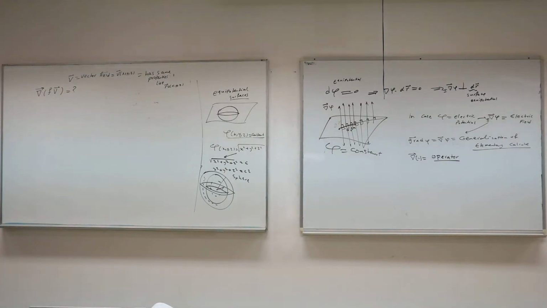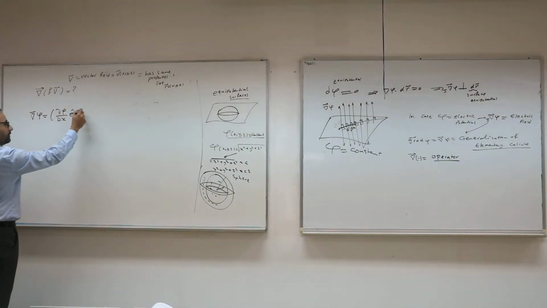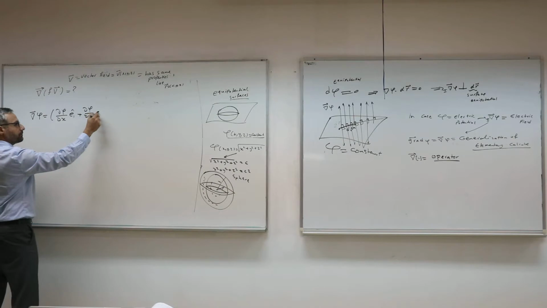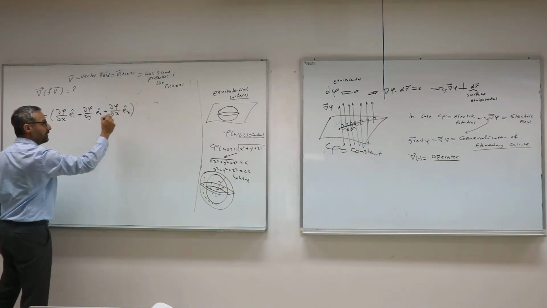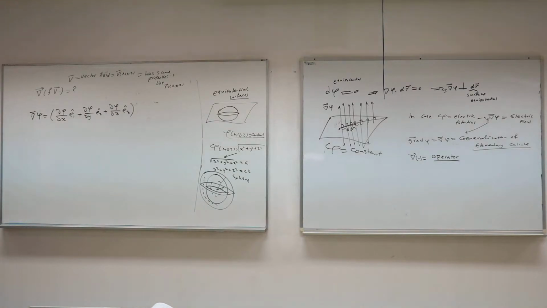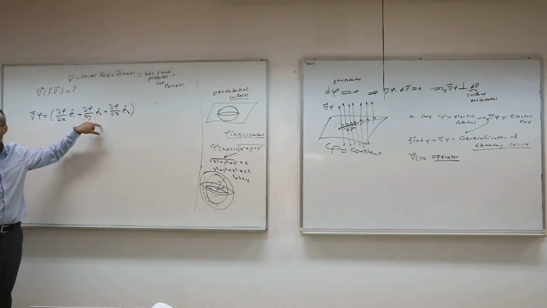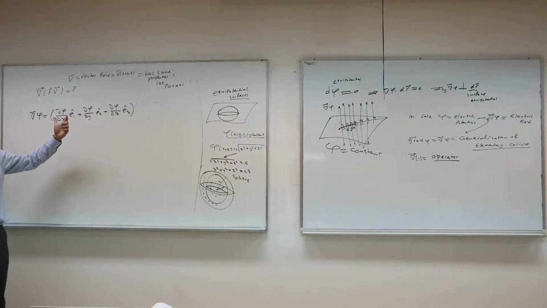Again, I want to go back to this new notation of the index, which I used to develop the cross product. You see that gradient phi is the partial derivative with respect to x times e1, plus the partial derivative with respect to y times e2, and so on, because this is a vector. When it's a vector, you can make a representation in terms of the unit vectors i, j, k, or e1, e2, e3.